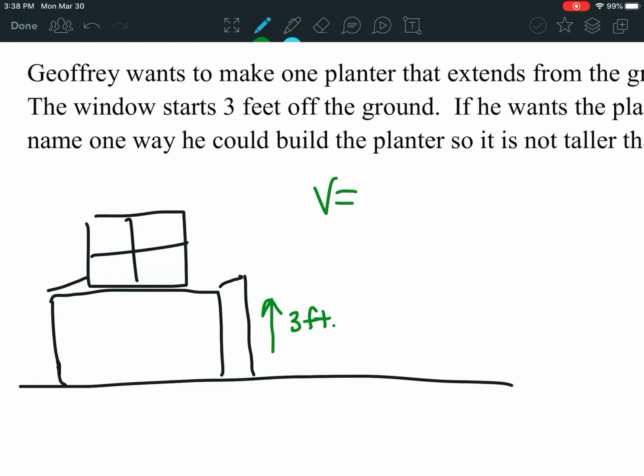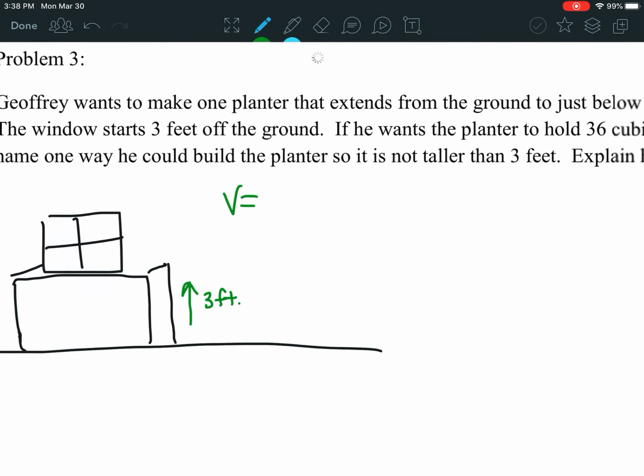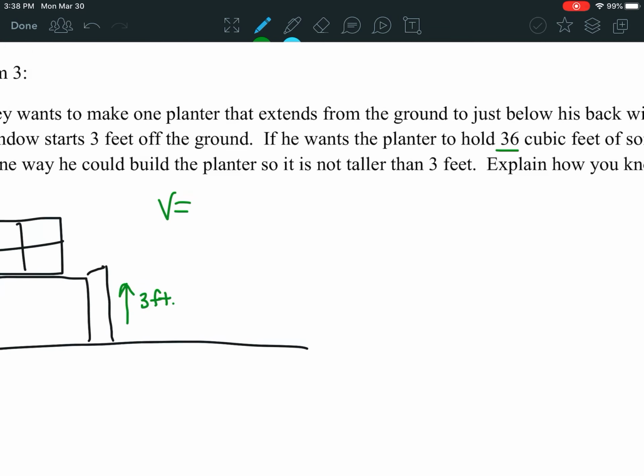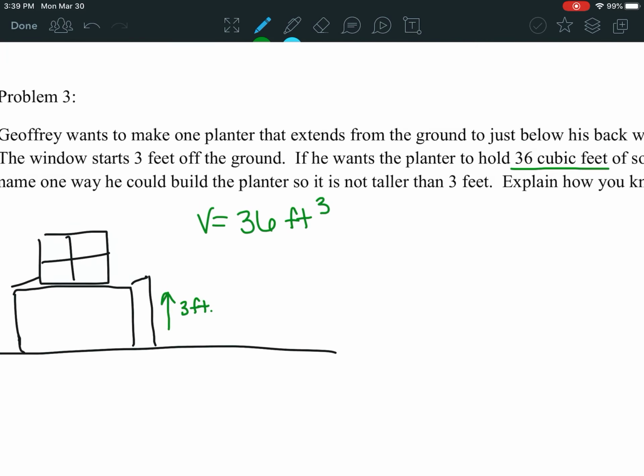The total volume is equal to, it says here, 36 cubic feet. I have my height, but I don't know my length, and I don't know my width. So that's what we're going to solve.